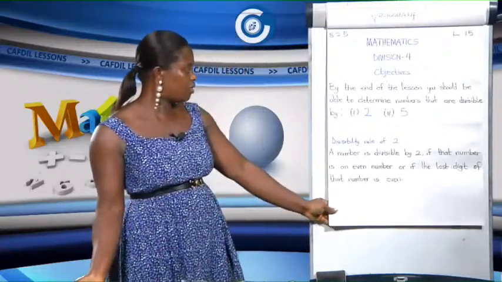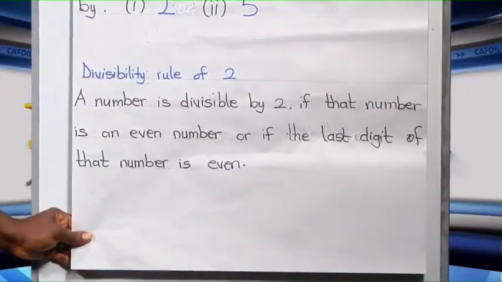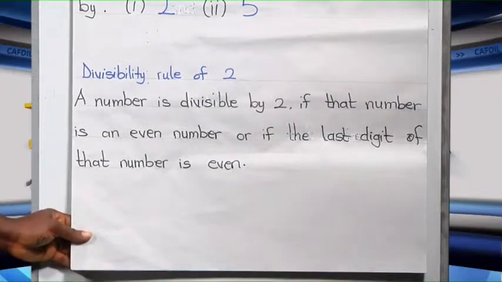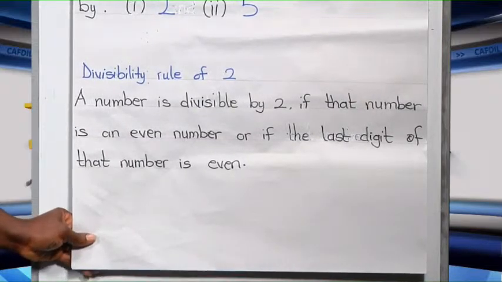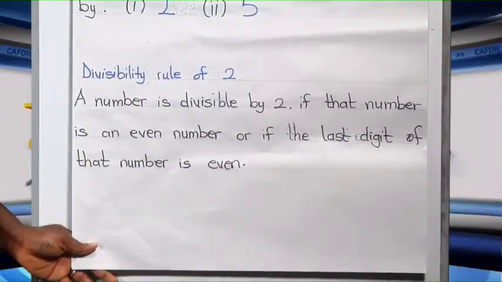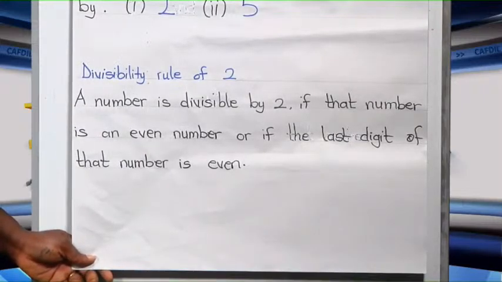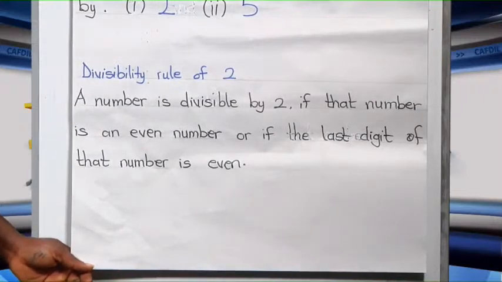Divisibility rule of 2 says a number is divisible by 2 if that number is an even number or if the last digit of that number is even. So I want you to write this rule down. That is the divisibility rule of 2. Just write it down.